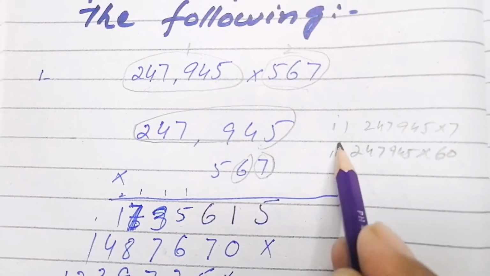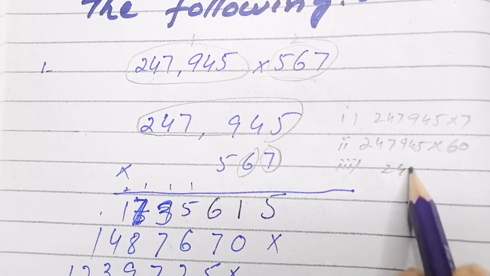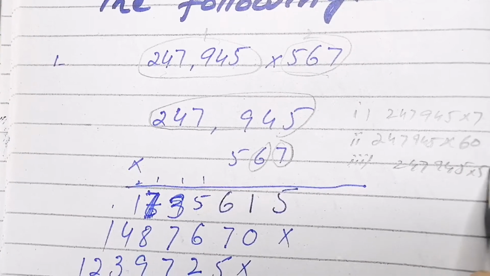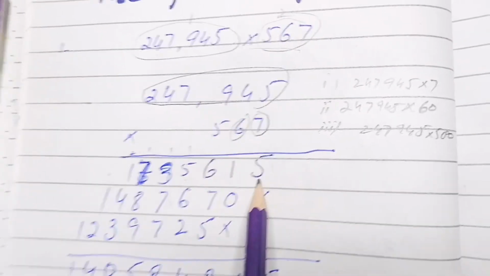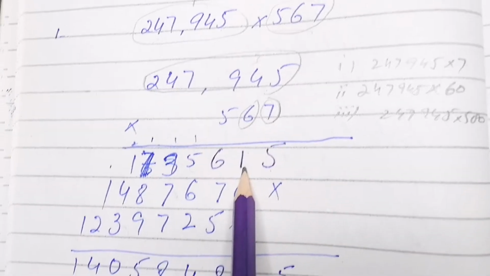So then in third step we multiply 2, 4, 7, 9, 4, 5, 5 is at hundreds place, so we write 500 like this.